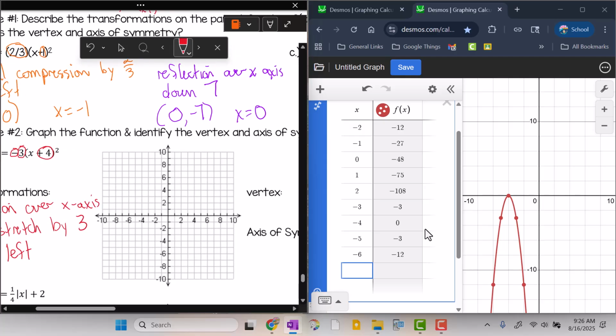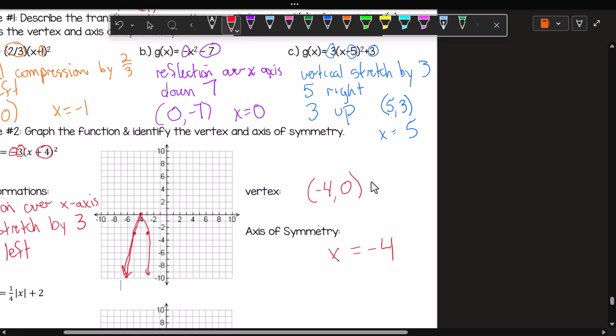So -3, -3, -4, 0, -5, -3, -6, -12 wouldn't work on there. I think that's all we're probably getting. So kind of make it a little bit more rounded. Not a V, but a U. But that's how we graph that.